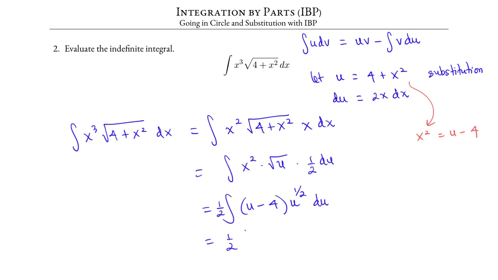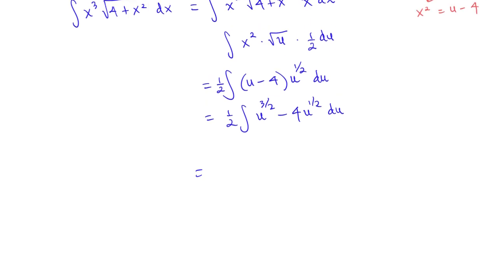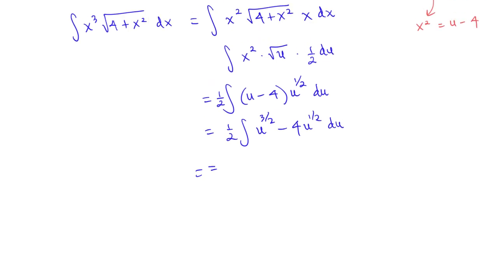This is 1/2 the integral. We distribute u to the 1/2 to obtain u to the 3/2 minus 4 u to the 1/2 du. This integral can be easily evaluated using the power rule. The antiderivative of u to the 3/2 is u to the 5/2 over 5/2.